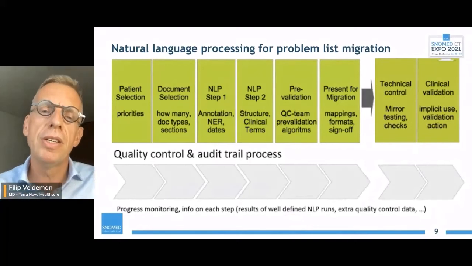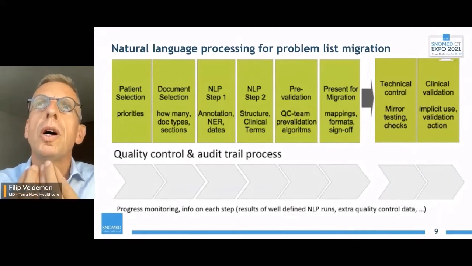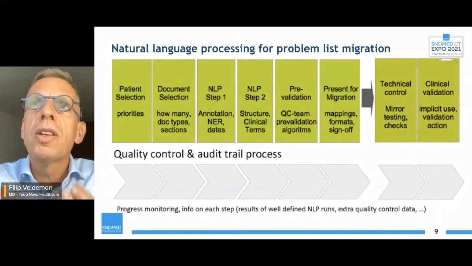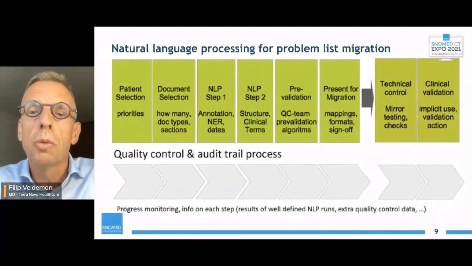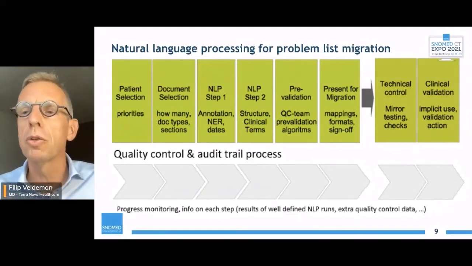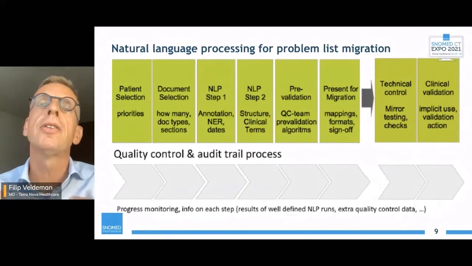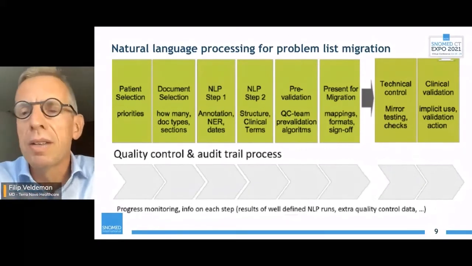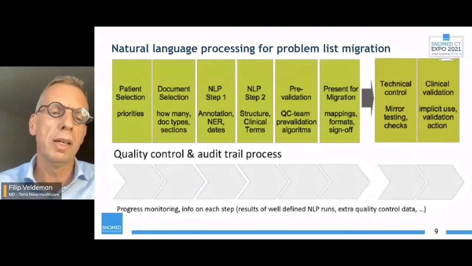The pre-validation is an important one, as we really try in advance to give extra quality control or pre-validation to the lines before migrating them. And then after migration, there is technical control. And then finally, it's the doctors who do the clinical validation and who have to do an active acceptance of the migrated information in the new medical records.